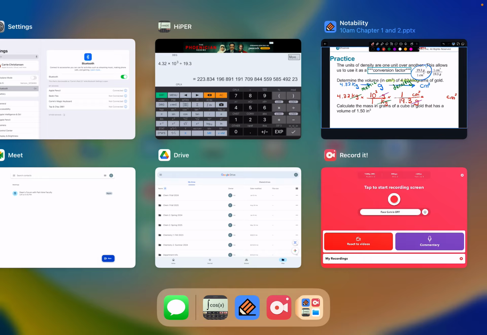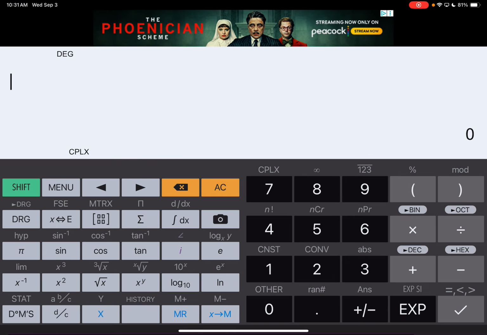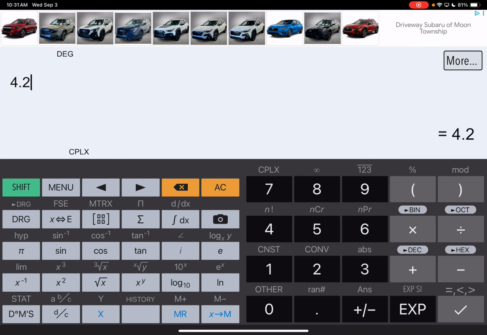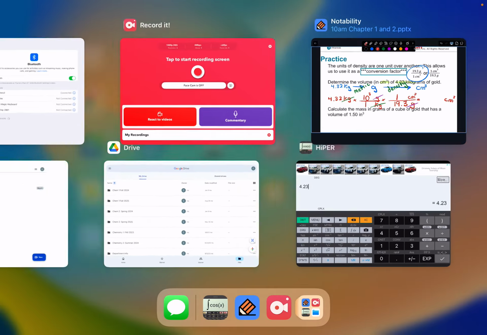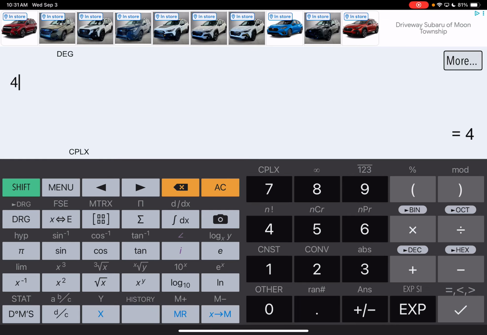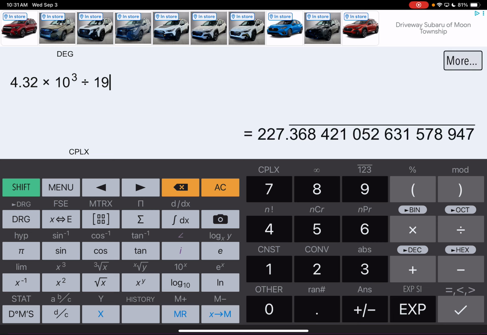Okay, so I will do it up here. Oh, it's there from last class. 4.32? Okay, thanks. 4.32 times, my 10 to the button is right above log, so I have to use shift, that, third, divided by 19.3.